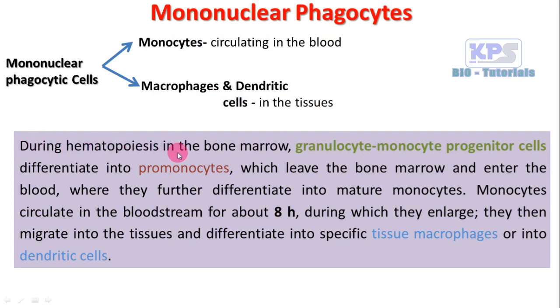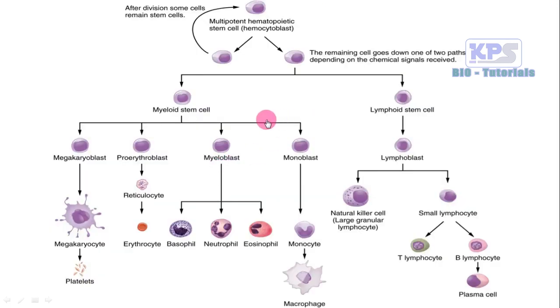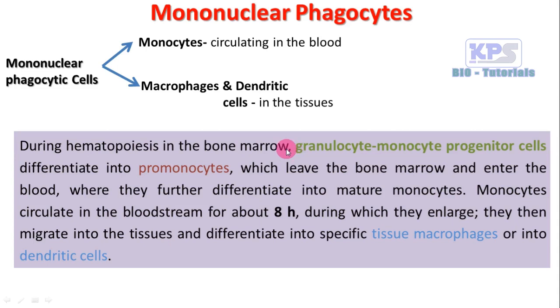During the hematopoiesis in the bone marrow, granulocyte monocyte progenitor cells differentiate into pro-monocytes. Here you can see a granulocyte monocyte progenitor cell, which may differentiate into a monoblast, or the pro-monocytes, which will leave the bone marrow and enter the blood, where they further differentiate into mature monocytes.